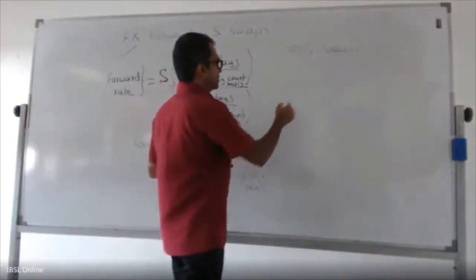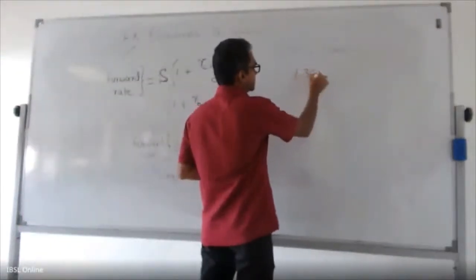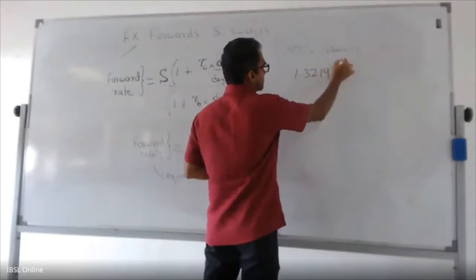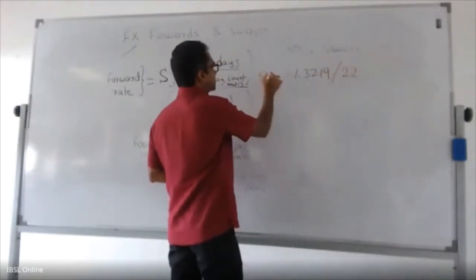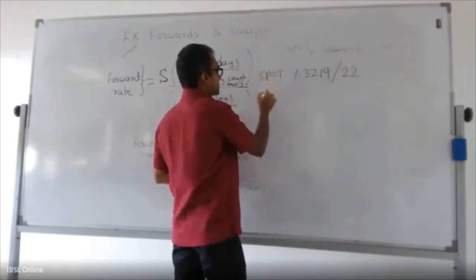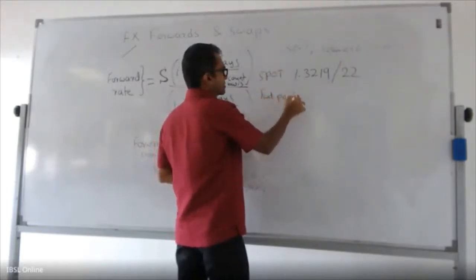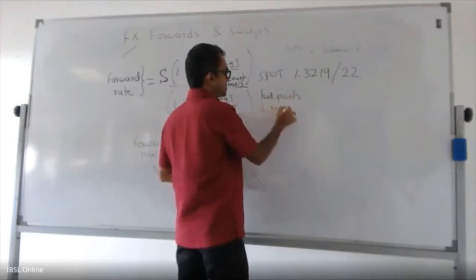For example, this is the spot, and these are the forward points, say for 1 month.